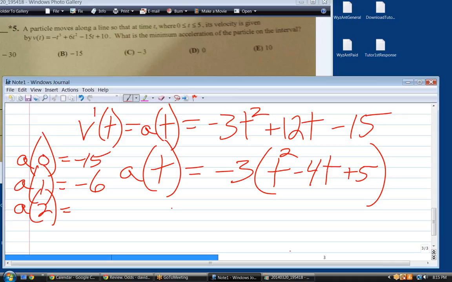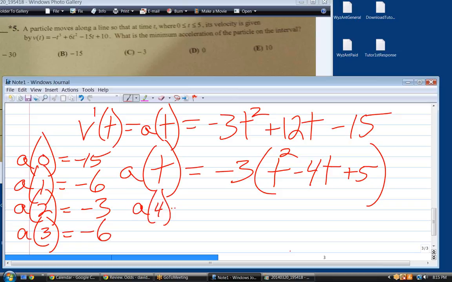A of 2 is 4 minus 4 plus 1, minus 3. A of 3 is 9 minus 12, that's plus 2, minus 6.